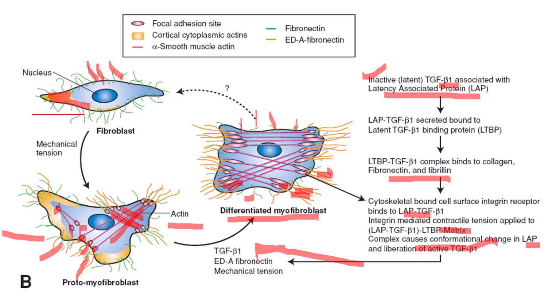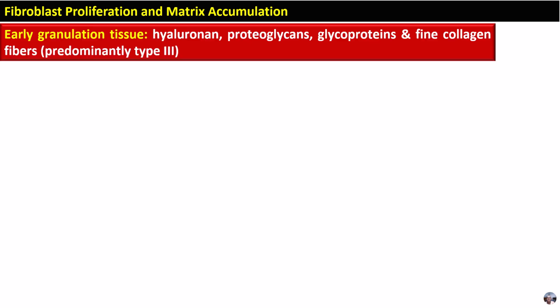So these myofibroblasts are essential for the contraction of the wound and scar formation. However, if they are persistent or pathologically active, they may lead to fibrosis in the vital organs. The transforming growth factor beta is the master regulator, promoting matrix deposition and suppressing the degradation.